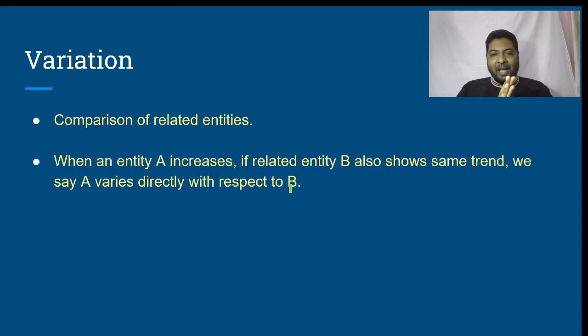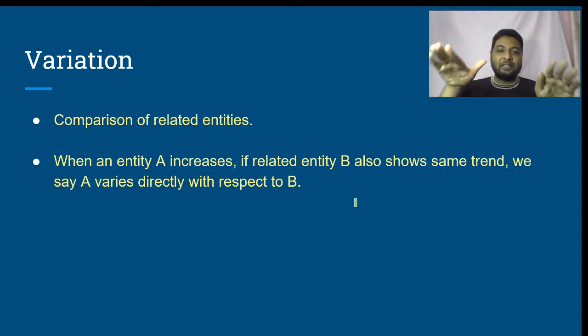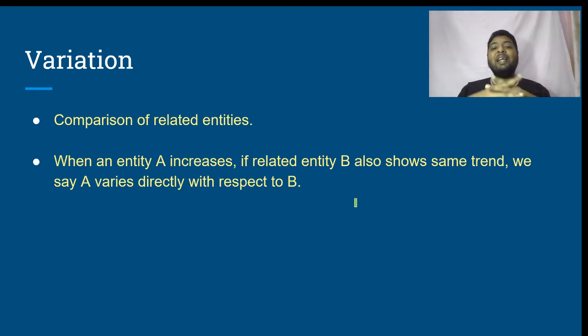When an entity A increases, if a related entity B also shows the same trend, that is, whenever A increases, B also increases, then we say that A varies directly with respect to B. If A decreases, B also decreases. If A increases, B also increases. This is called a direct variation.